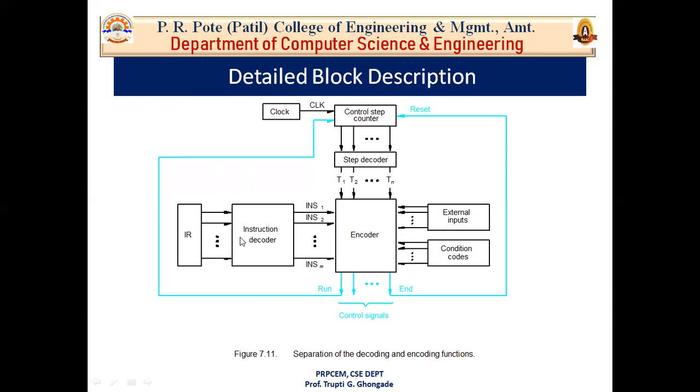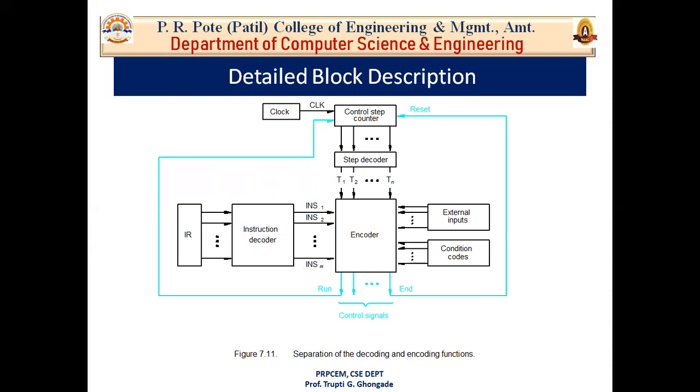Let's say there are a number of instructions stored in your memory. This instruction decoder provides a separate line for each machine instruction. So for any instruction loaded in the IR, one of the output lines, that is INS1, INS means instruction 1, instruction 2 up to instruction M, is set to 1. For example, we have loaded an instruction in the IR.